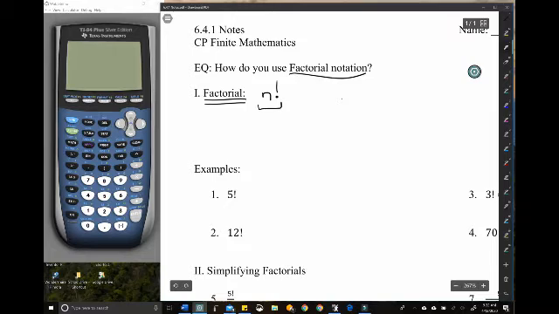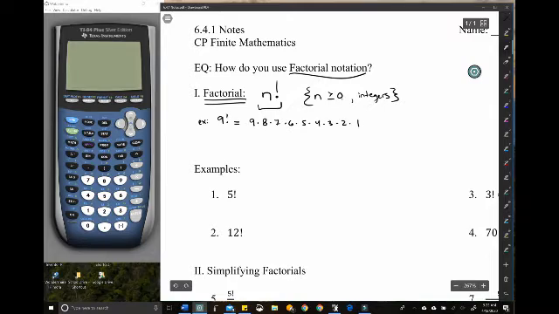Now what that means is, and this is for any integer greater than or equal to 0, for example, if we had 9 factorial, that is like taking 9 times 8 times 7 times 6 times 5 times 4 times 3 times 2 times 1.